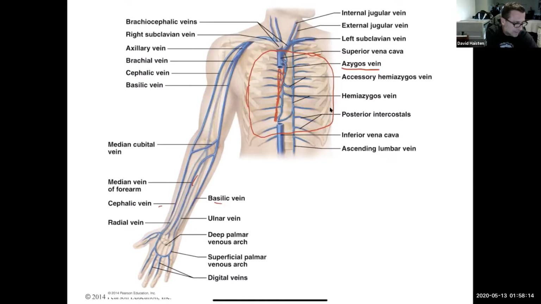On the left side, you have the hemiazygos vein, draining some parts of your thoracic cavity, and then superior is the accessory hemiazygos vein. You can see how the accessory hemiazygos vein is a superior continuation of the hemiazygos vein. These two dump into the azygos vein.